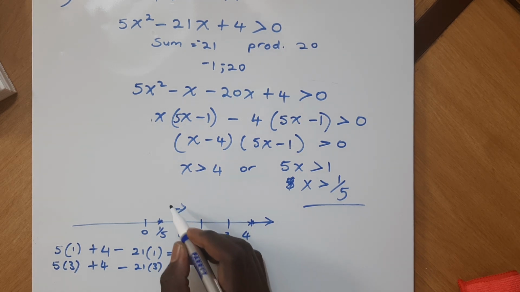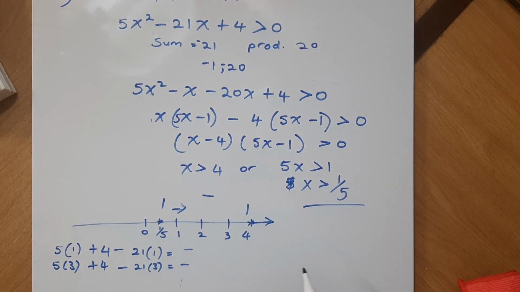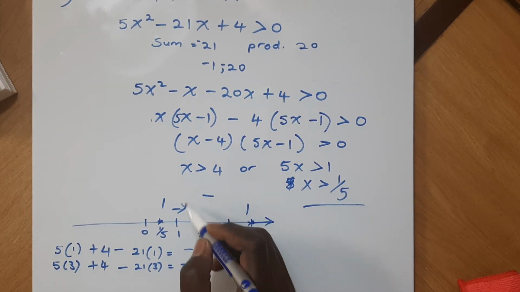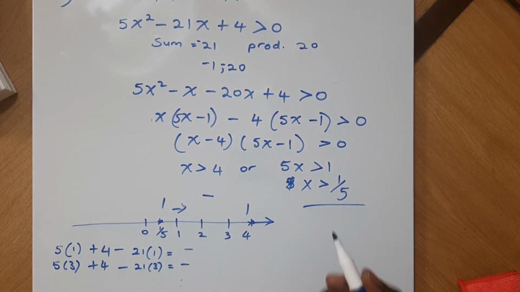So between here and here, it's a minus. The values are minus, so they are less than 0. So at these roots here, the function is not greater than 0.